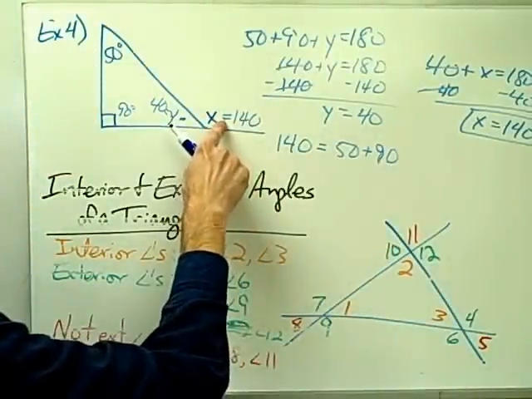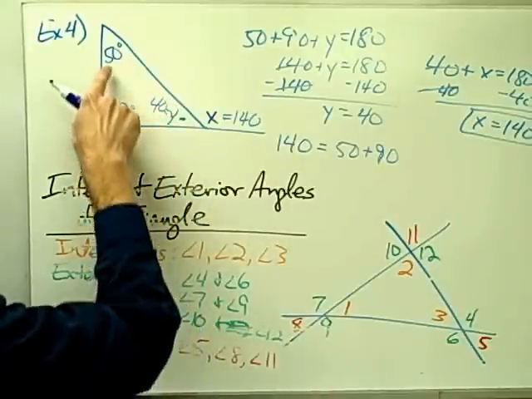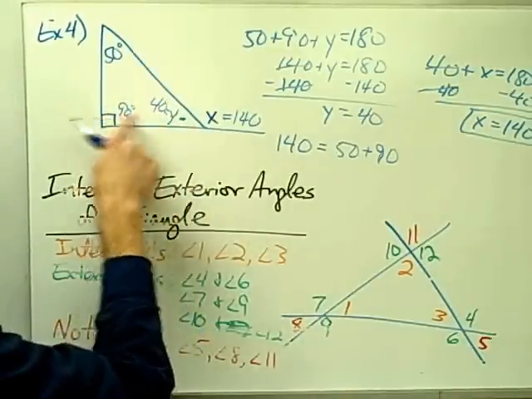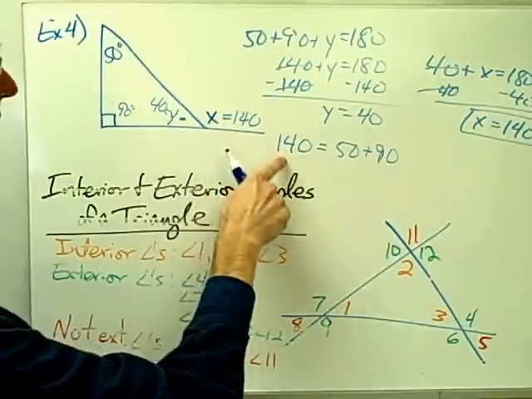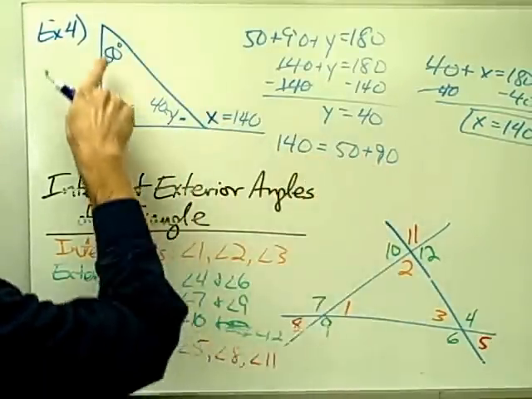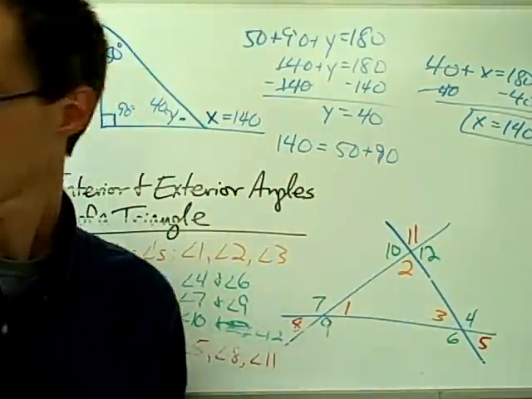So this angle is an exterior angle. These two angles are the remote interior angles associated with this exterior angle. And you can see the exterior angle is equal to the sum of these two remote interior angles.